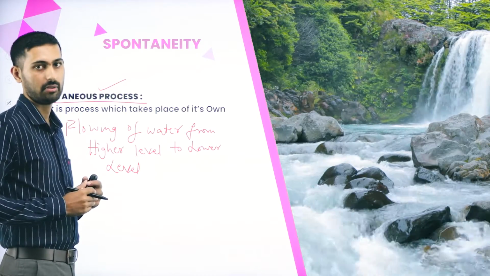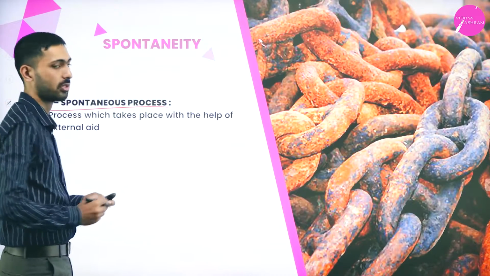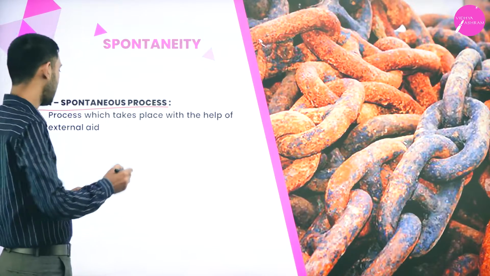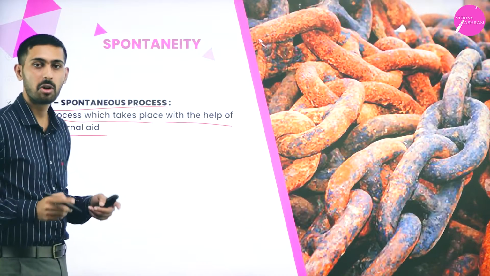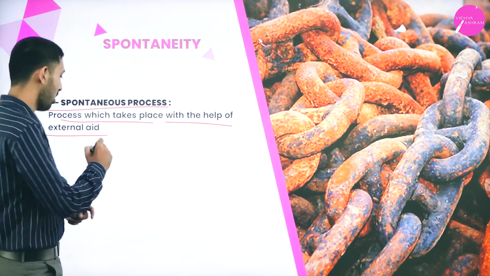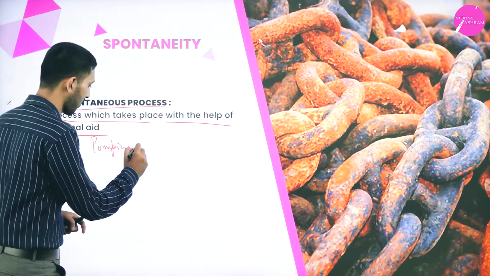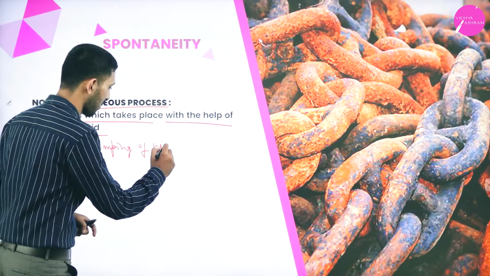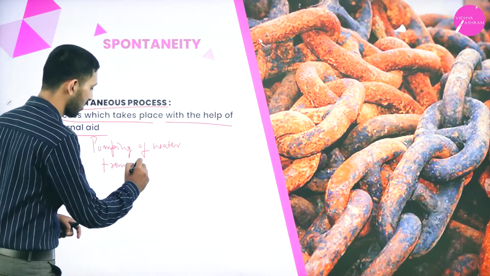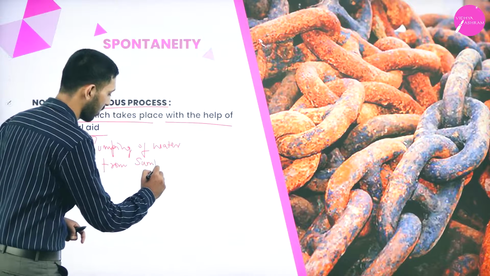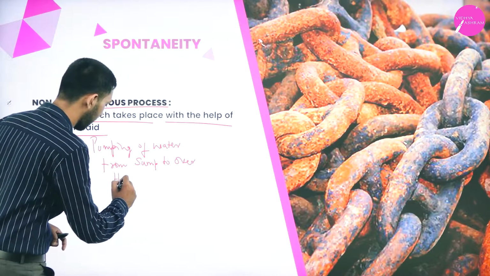Okay, next thing is non-spontaneous process. A non-spontaneous process is a process which takes place with the help of external aid. Example is pumping of water from sump to overhead tank.